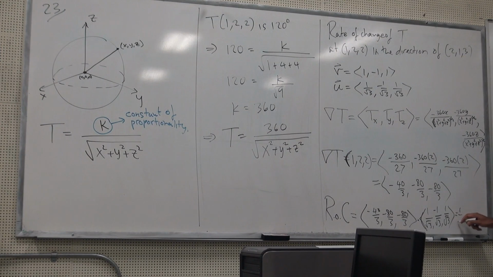Which is just 1 over 3 radical 3 times minus 40 plus 80 minus 80.